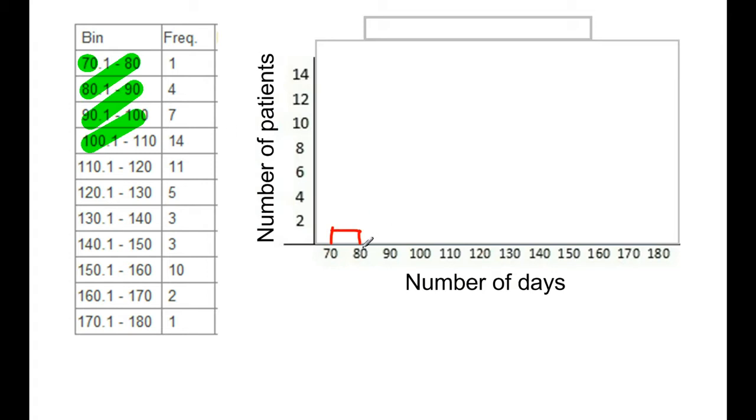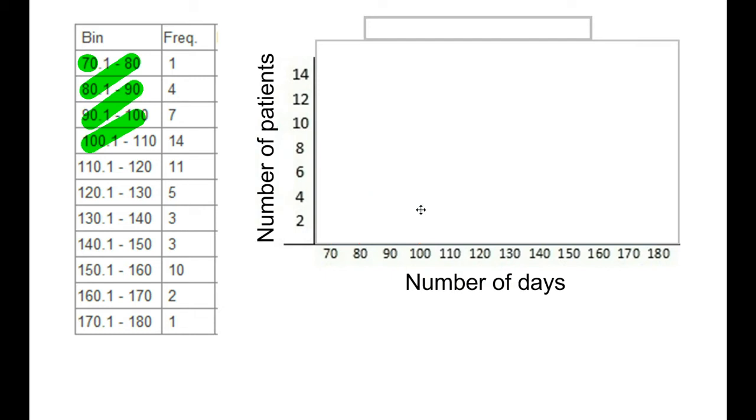The 80 to 90, you start at the 80 and go up to 4, that's the frequency, and then go down to 90. Here, 90 to 100 is 7, so you'd start at 90. So a little bit of a bad line there. Go over and go down to 100. And what you're trying to do is all the bars are always touching, and you're basically creating a continuous graph.